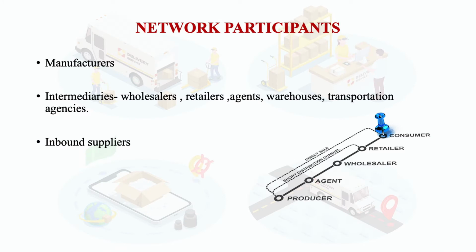All inbound suppliers, that means people who bring in raw material to the manufacturer so that the goods can be produced, people who bring in the packaging supplies or are the packaging fabricators, they're all part of the value chain. So this is the inbound logistics or inbound supplies.